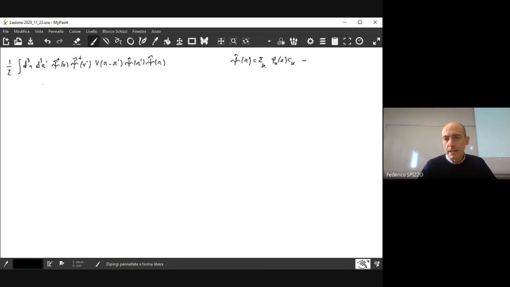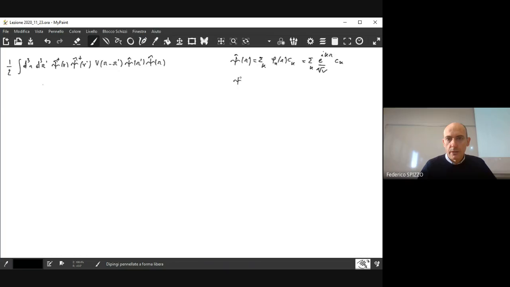So also in this case, I will use plane waves. Here, in place of phi k, I write e to the i k r c k, and then we also have the square root of the volume as a normalization factor.